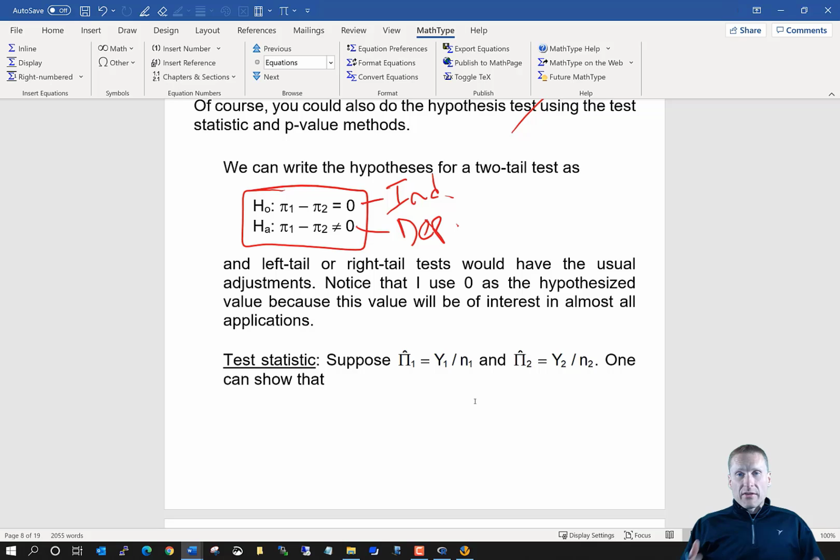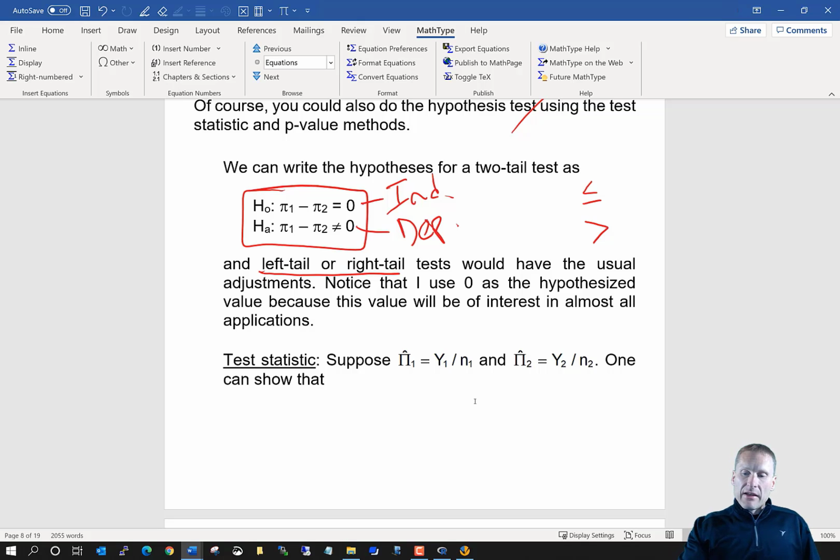Now, this is a two-tail test. One could also look at a left tail or right tail test, and we would have the same kinds of adjustments with respect to what the hypotheses would be. Testing independence versus dependence doesn't necessarily work out as well, because now you might have something like this, less than or equal to in H0 and greater than in HA.